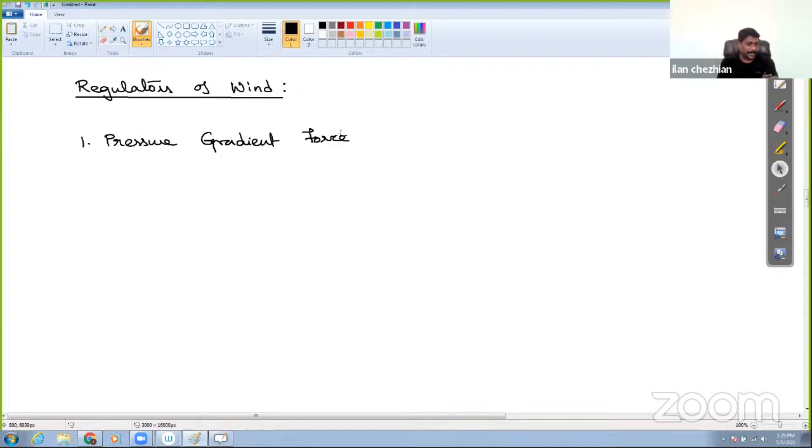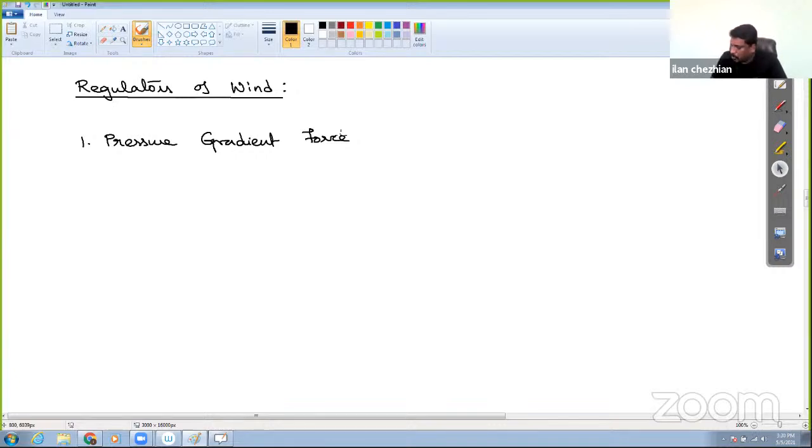It's called as pressure gradient force. I repeat again, a force that is created due to the pressure difference that exists between two places. It's called as pressure gradient force.